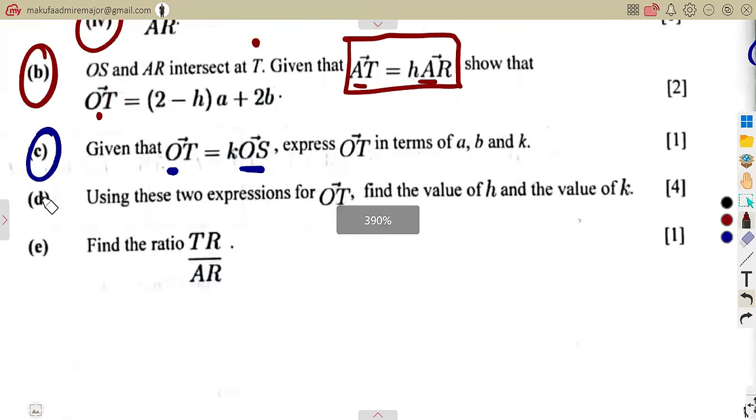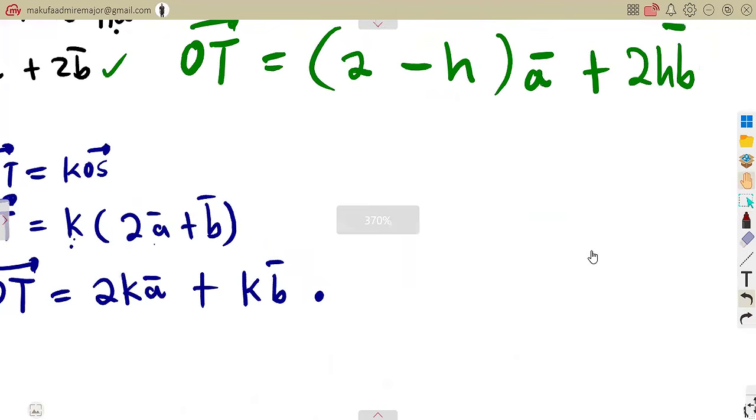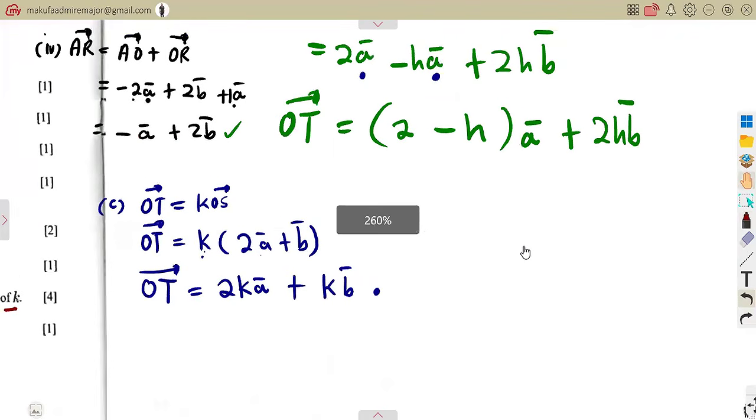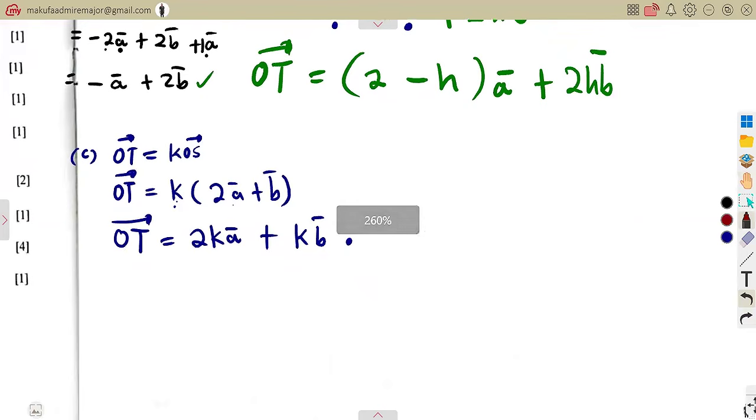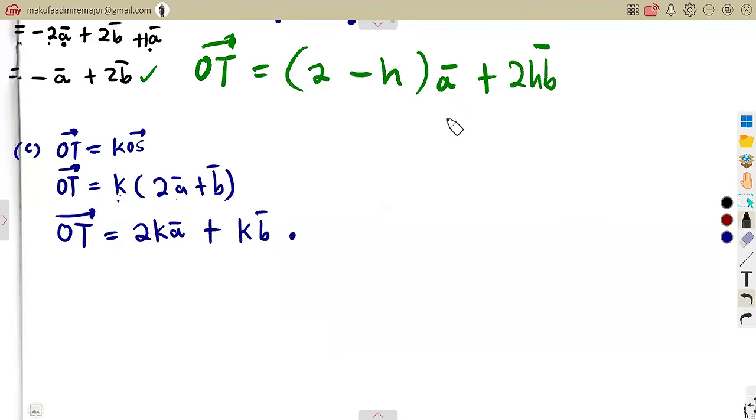Then from this, we are now asked to use these two expressions of OT, the first one on item B and the second one on item C, to find the value of H and the value of K. Remember, if these two vectors are equal, vector OT and vector OT, we can calculate the values of these unknown constants H and K from equal vectors.